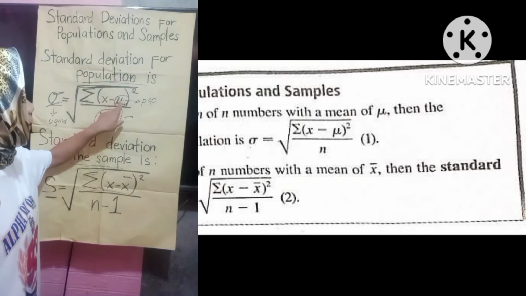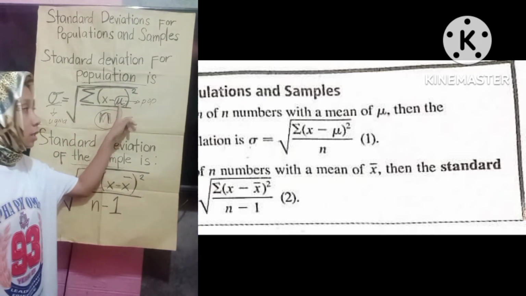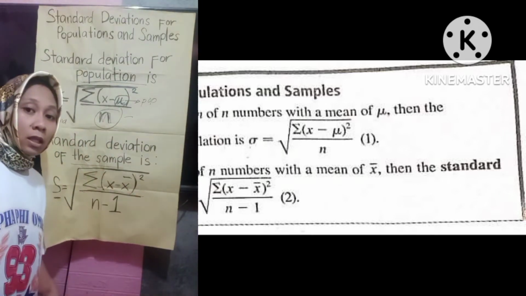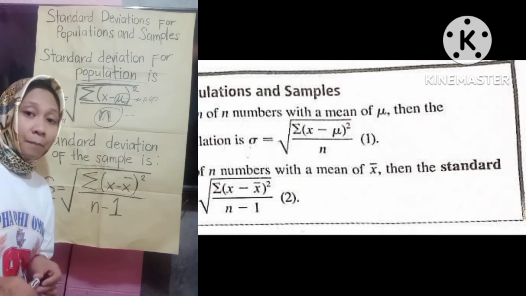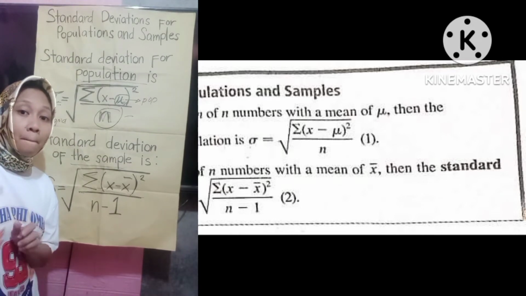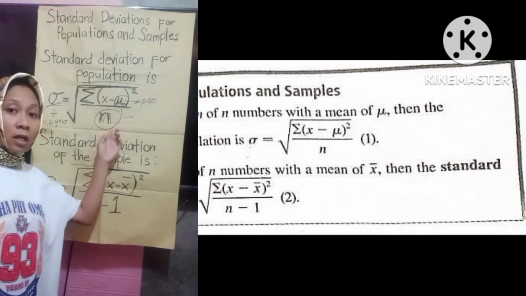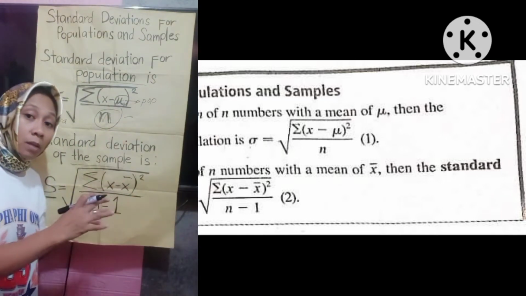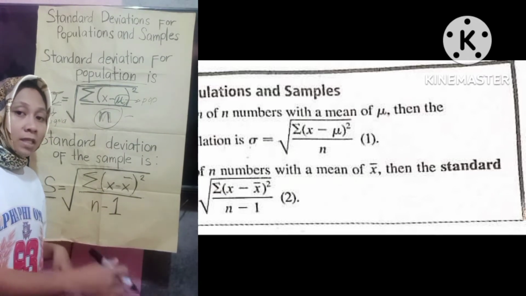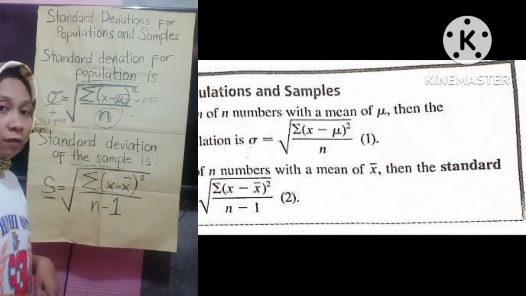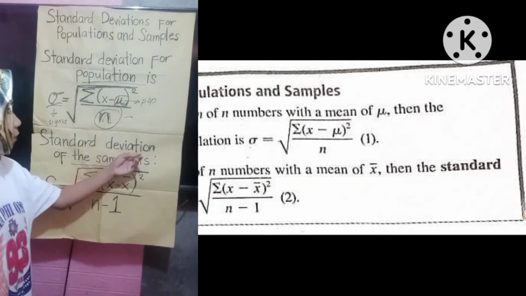So, kung matatandaan nyo, itong mu na ito is ginagamit sa central tendency na symbol ng mean of the population. Over n. N stands for the numerical, kung ilan yung nabigay na sample na number sa standard deviation. The next is the standard deviation of the sample.